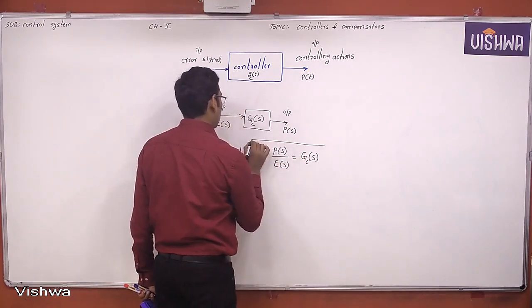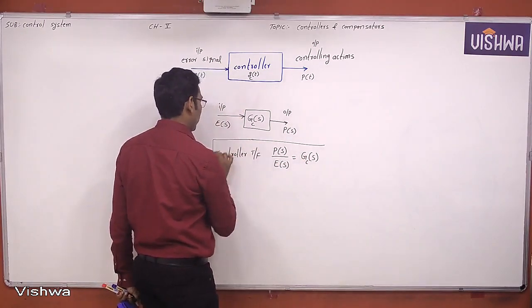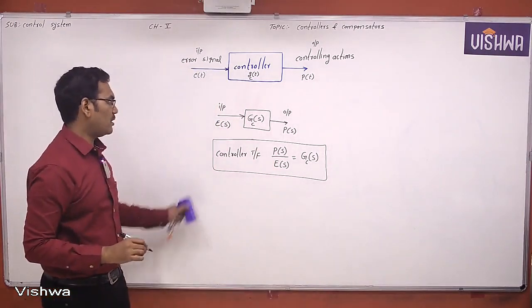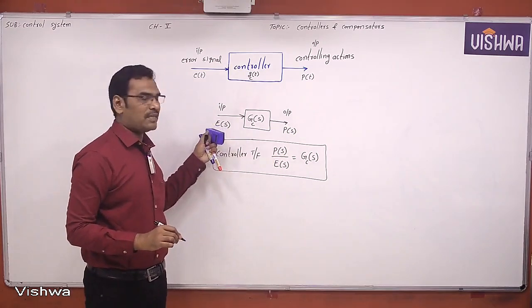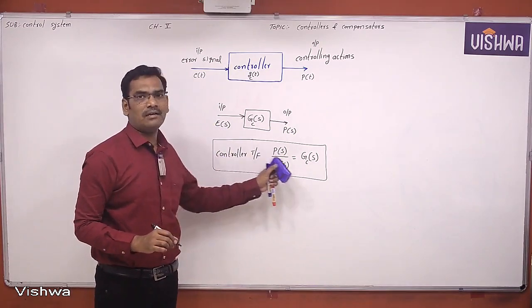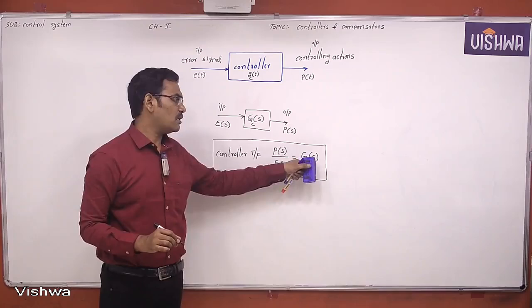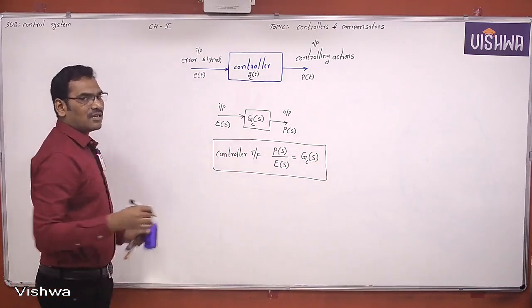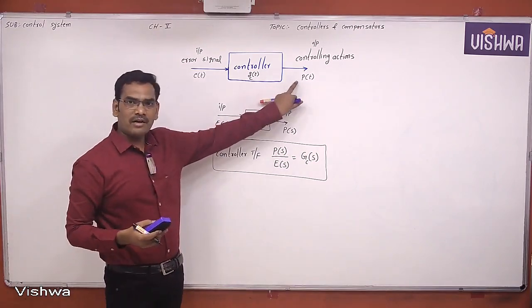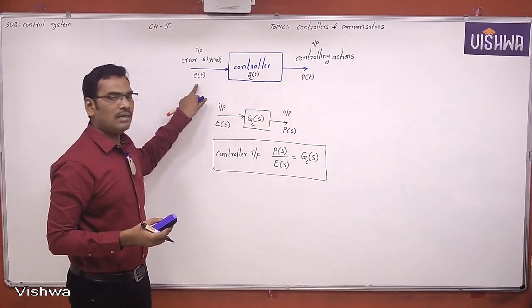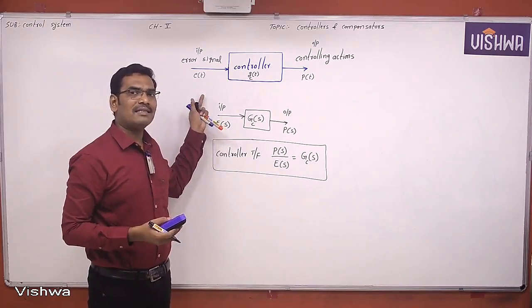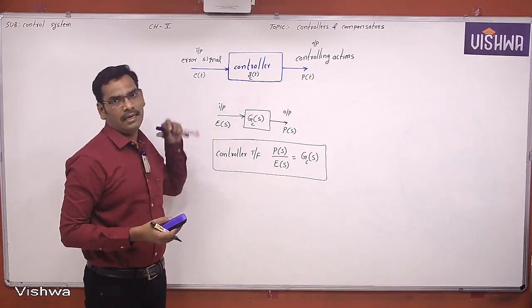This is the controller transfer function. Clear or not? Now this controller will generate some controlling actions based on the input. So any controller whose controlling action completely depends upon the error signal. Okay.